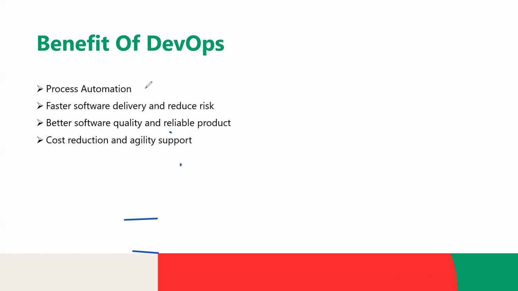So this automation restricts you to maintain the code quality, and to check whether your development is meeting all the business requirements or not. All those things we do by process automation using DevOps, and that is the benefit. Then faster software delivery and reduced risk.